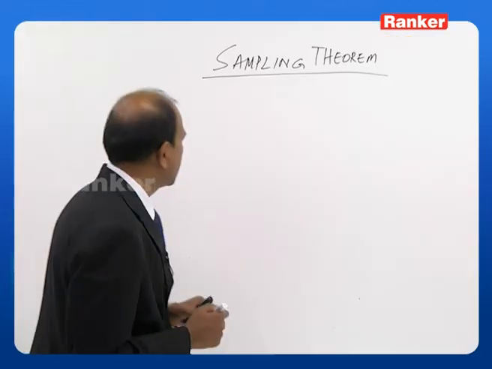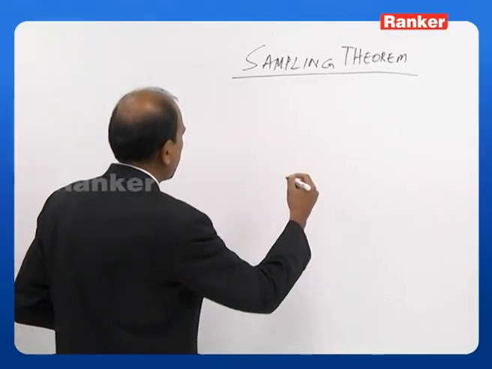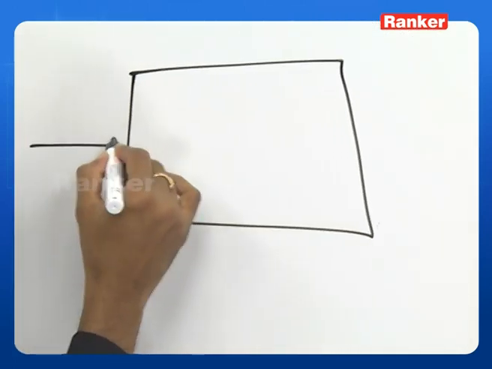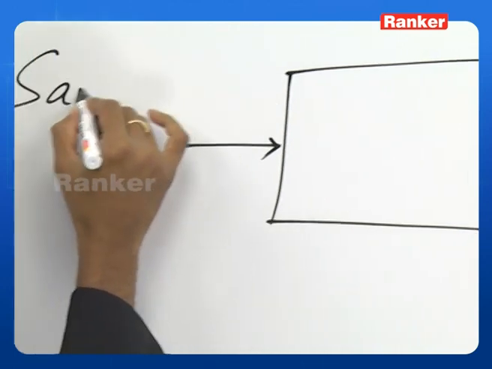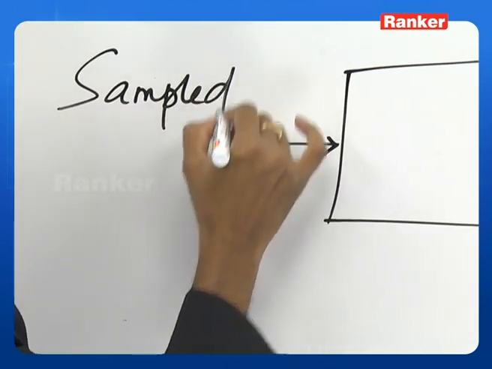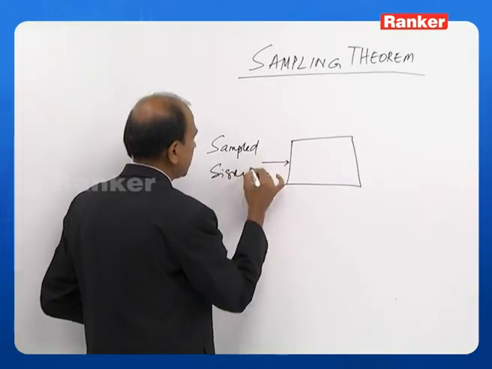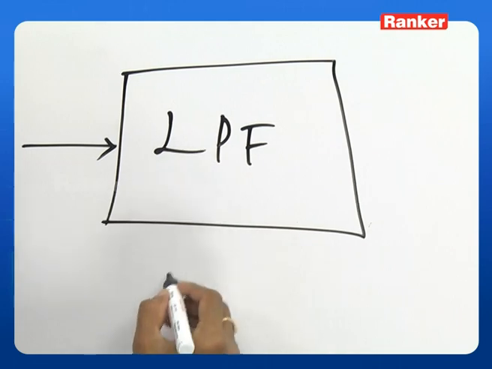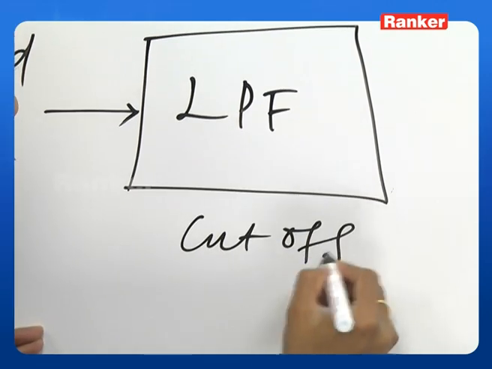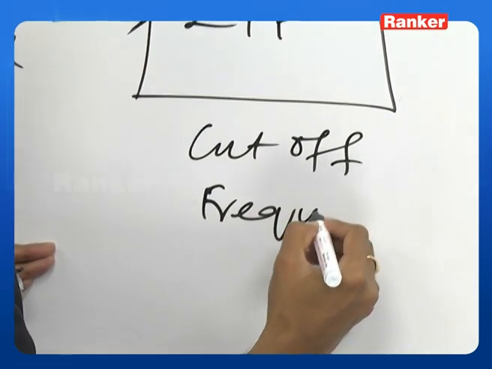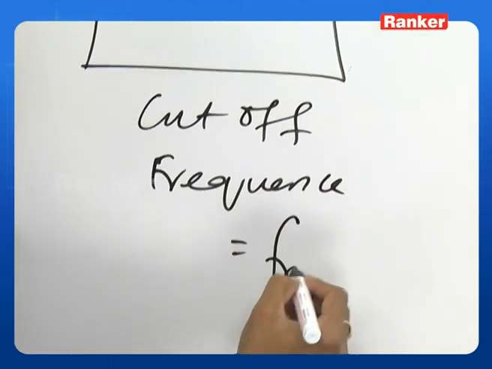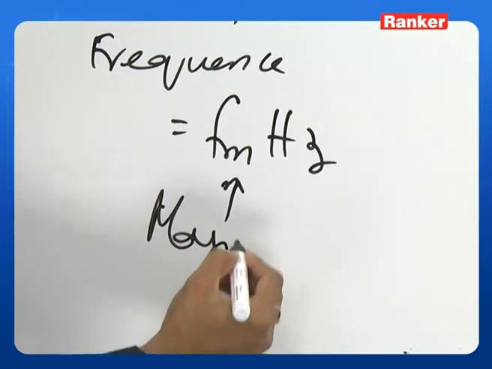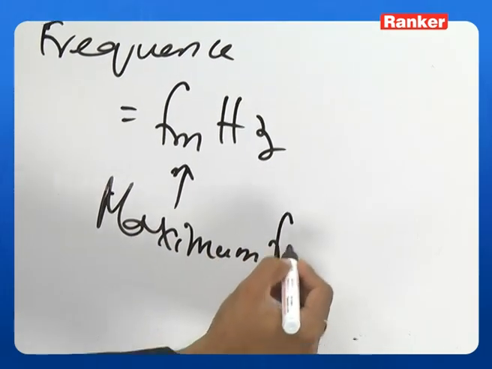So, how do you do it? Let us take this here. We are talking about passing the sampled signal. This is a sampled signal, which you are passing through a low pass filter. What is the cutoff frequency of this low pass filter? The cutoff frequency is Fm hertz, where Fm is nothing but my maximum frequency.